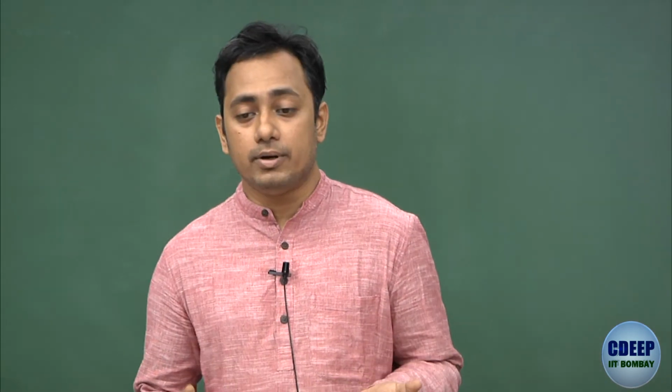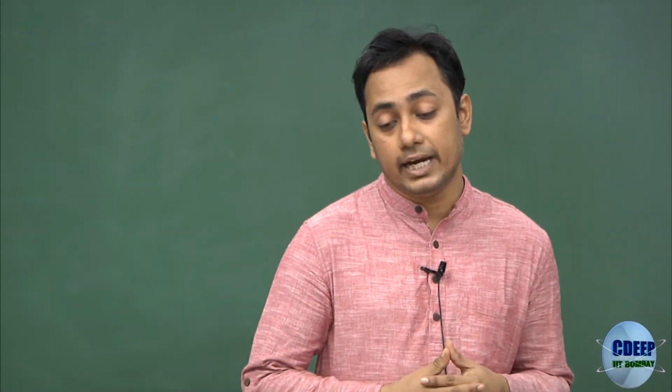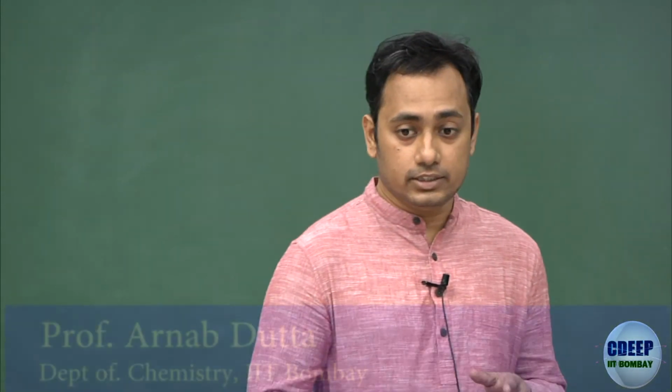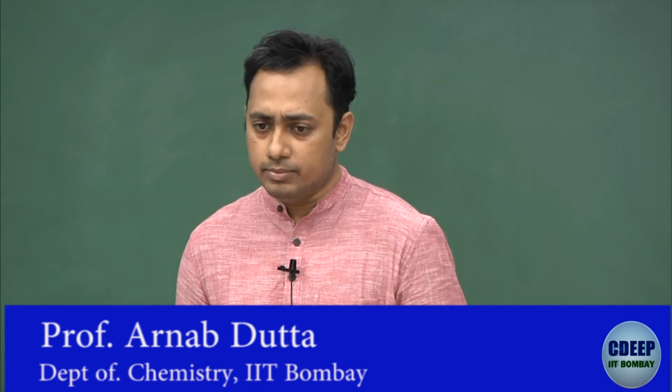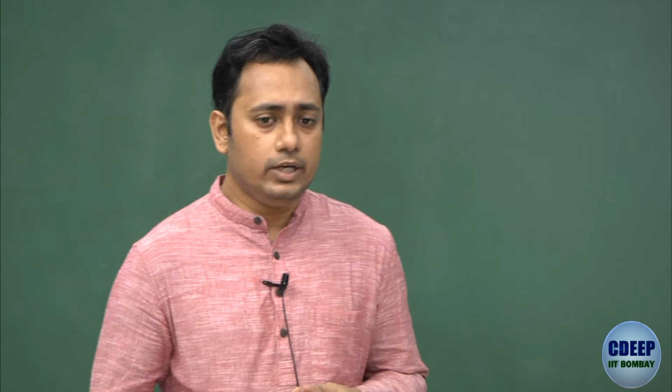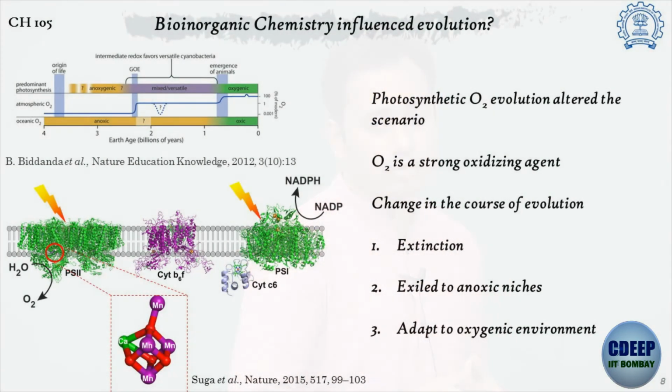So a huge number of the species available till that time went extinct. There was a huge change in the population of the different species. A good number of them survived, but by going into conditions where not much oxygen is available, called anoxic or anaerobic conditions.